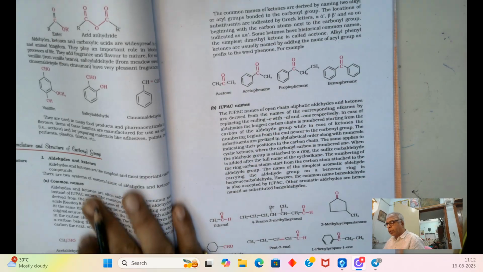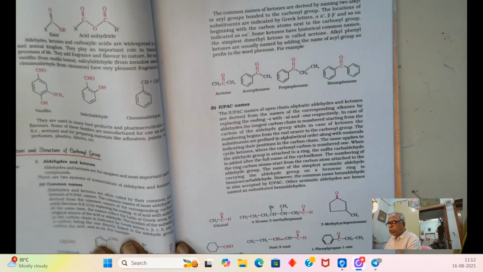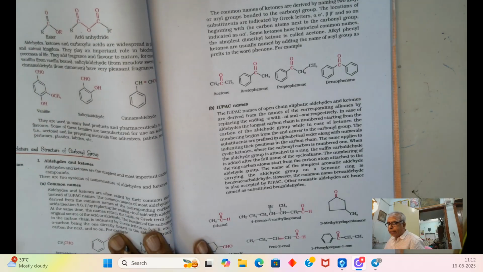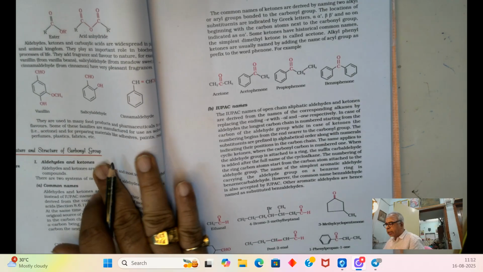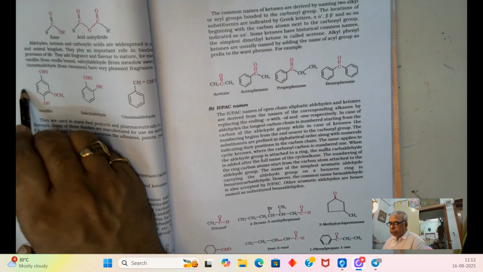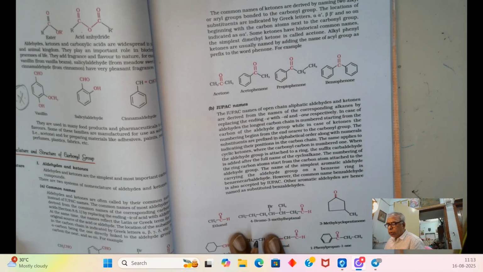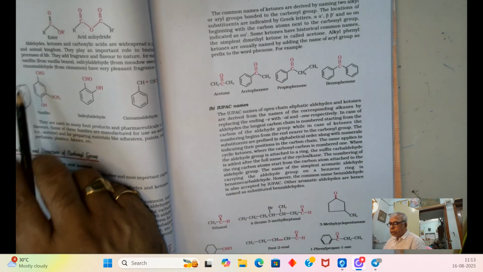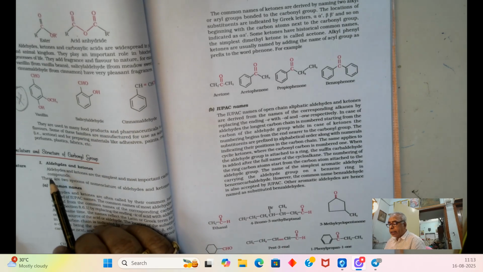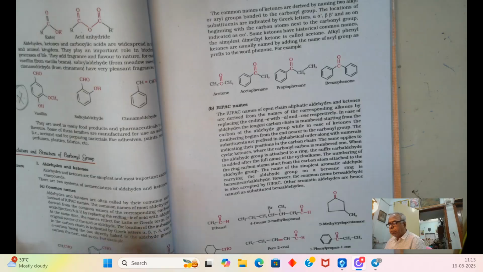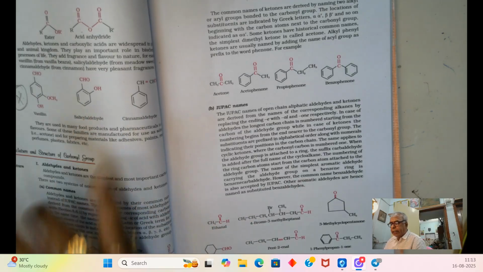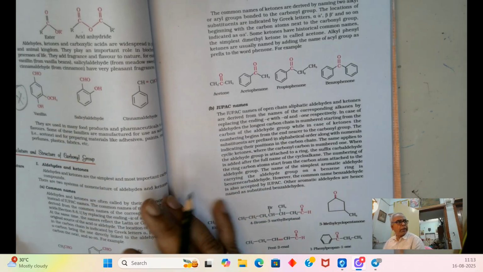Then you've got some special compounds like vanillin, salicylaldehyde, cinnamaldehyde. So these are all very important formulas you must note down along with the structure. This vanillin is present in vanilla beans. You would have noticed this vanillin in ice creams also, vanilla ice cream.